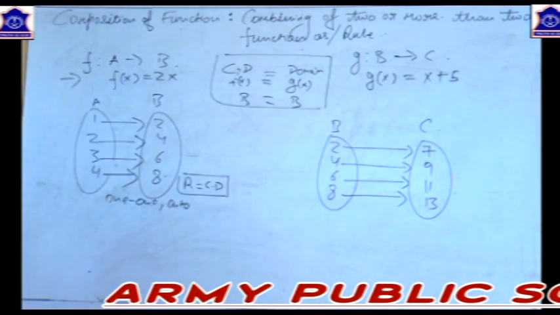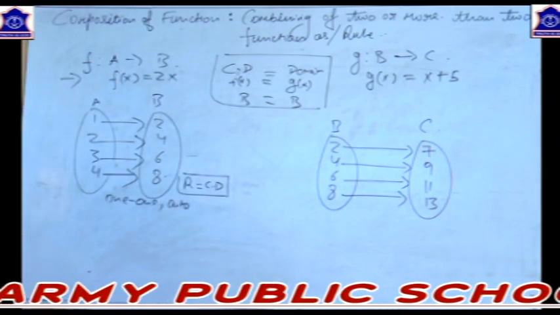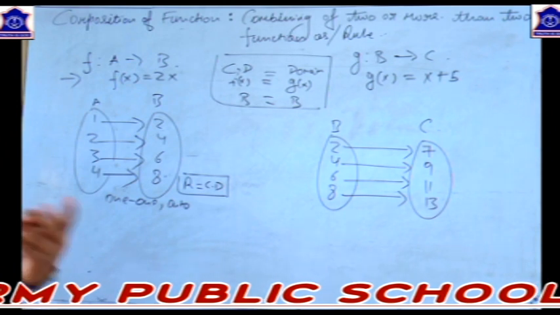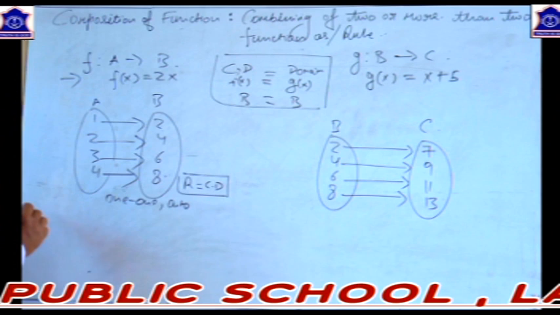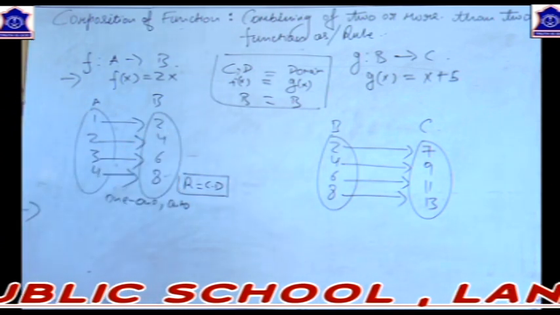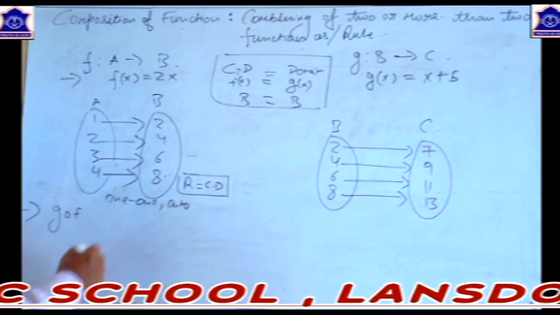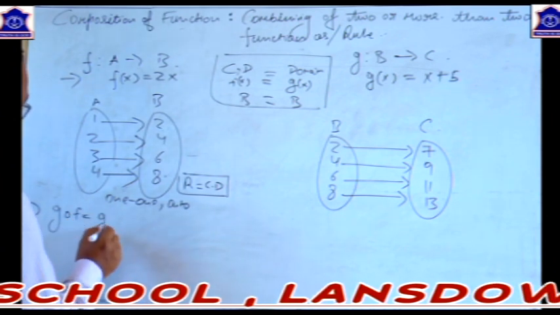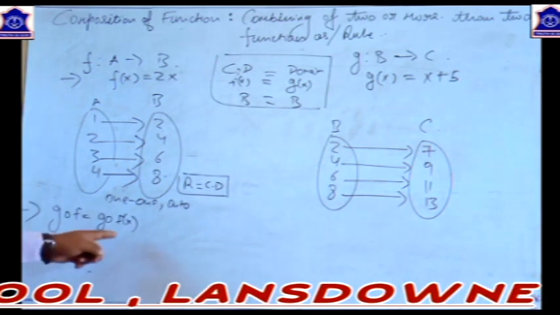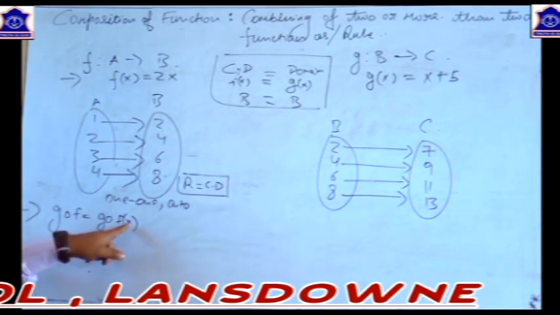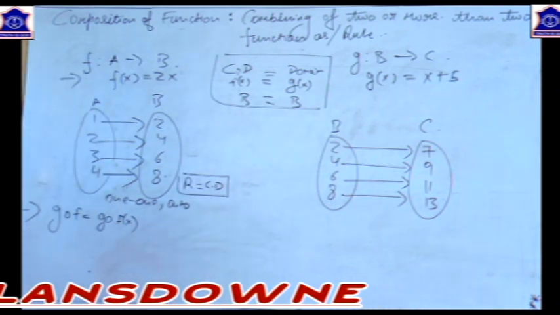Now these two functions fx and gx can be combined, can be composed using two different rules, that is gof and fog. Let us combine these two functions using the rule gof, which is written as gof of x, that is g of fx. यहाँ पे जो fx का x है इसको हम वैल्यूज देंगे from set A, which is the domain of f function.